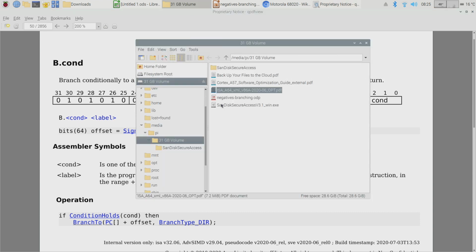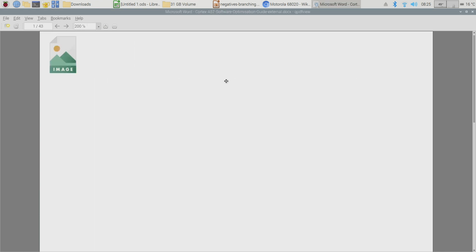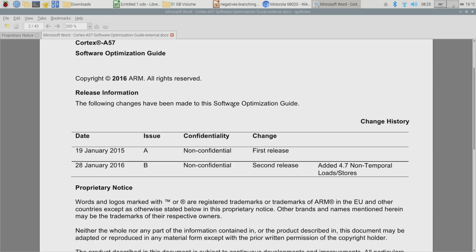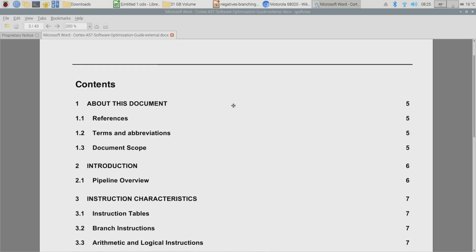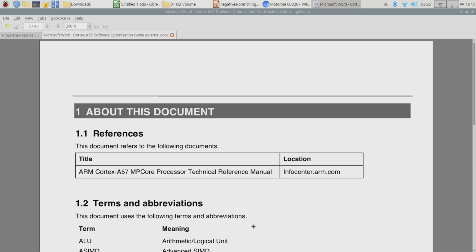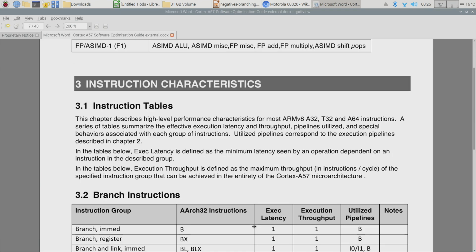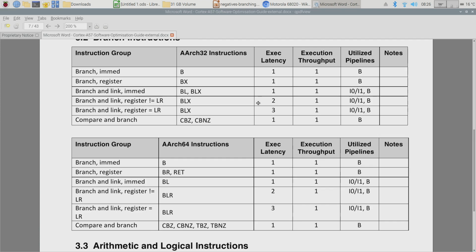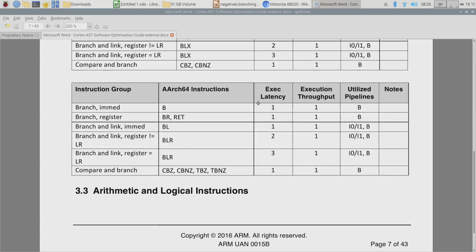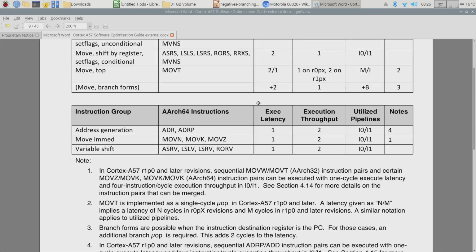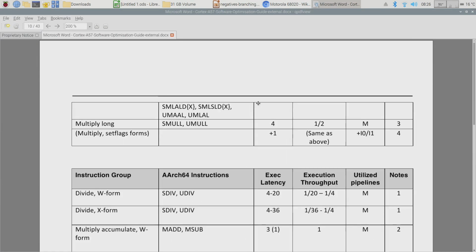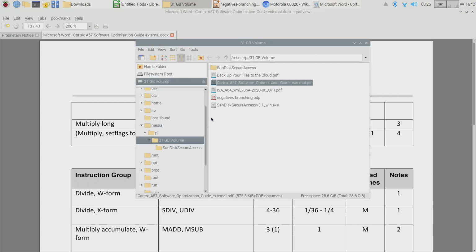Okay, I think maybe it's in here. Branch instructions, that's what I want. Okay, so page 7. No, that's not what I wanted either. Okay. I wanted to show you what all 16 of them were, but I don't seem to have it handy.